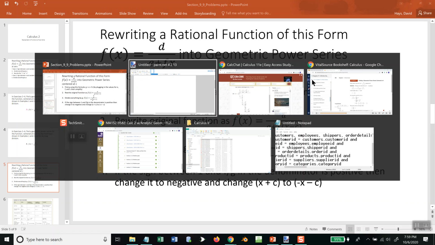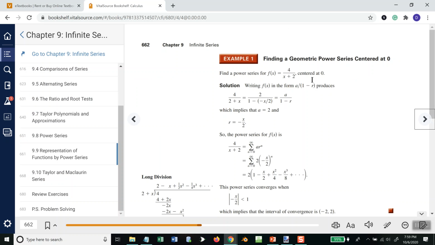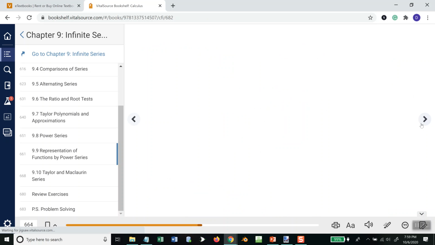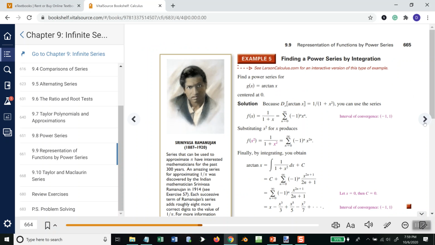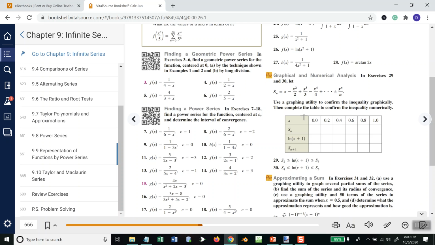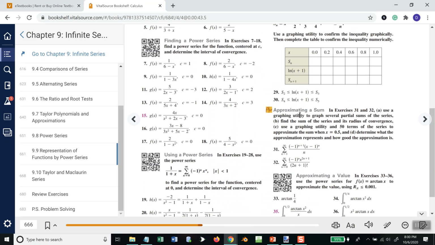Okay, so let's take a look at our first problem. Take a look at number 7.